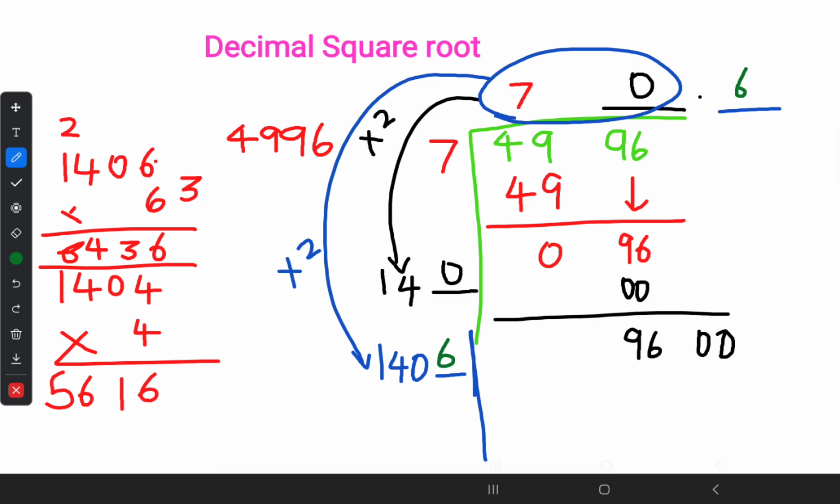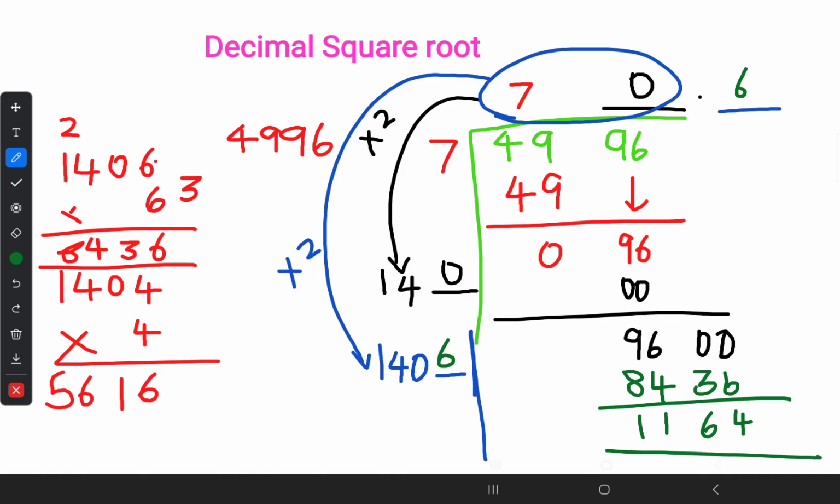So 1406 multiplied by 6 will give you 8436. Then the remainder would be 1164. This is the remainder.